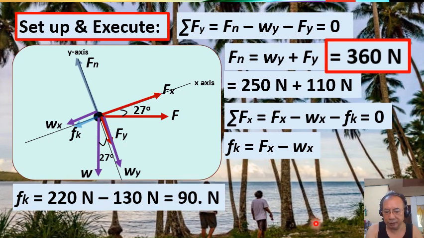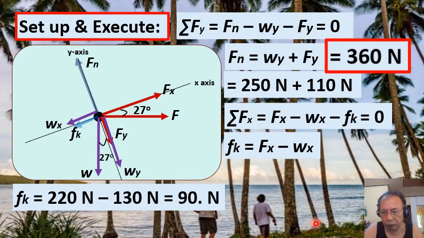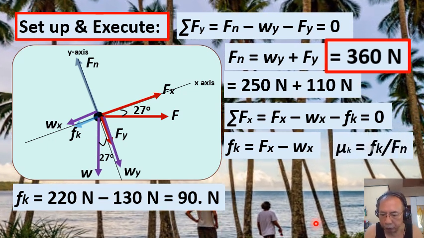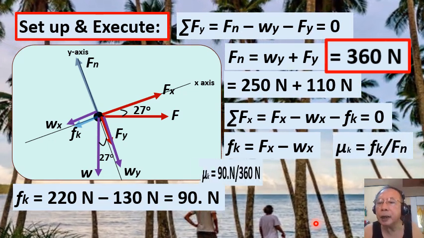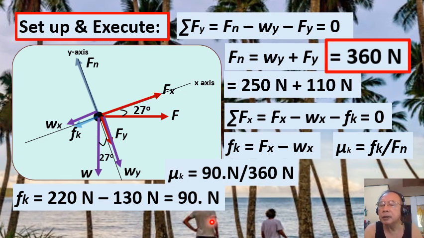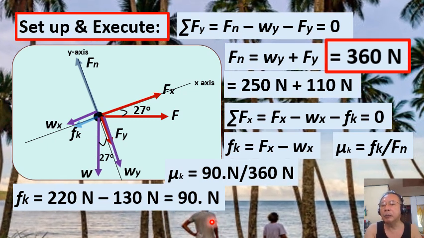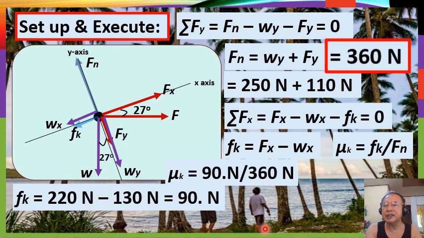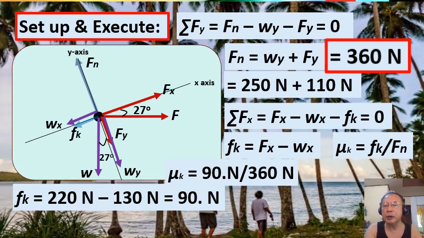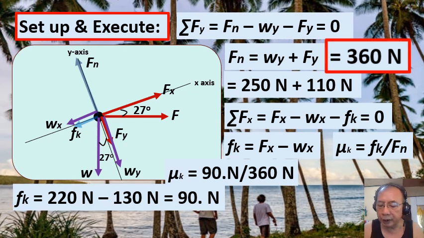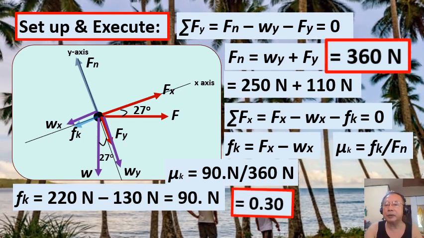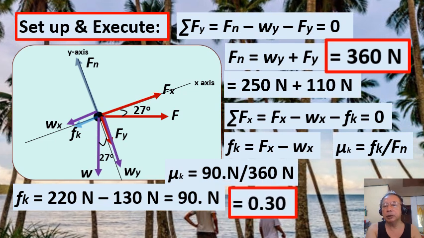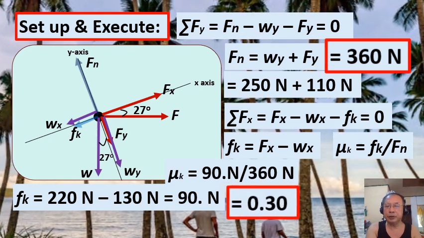Finally, we can now determine the coefficient of kinetic friction using the formula mu k is equal to Fk divided by the normal force, or that is 90 newtons divided by 360 newtons. Doing our math, we finally arrive at the value of the coefficient of kinetic friction equal to 0.30 in two significant figures.